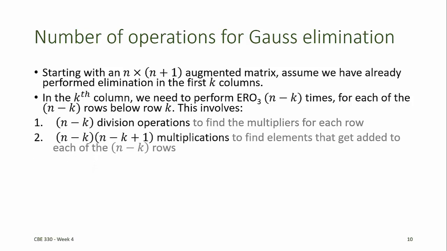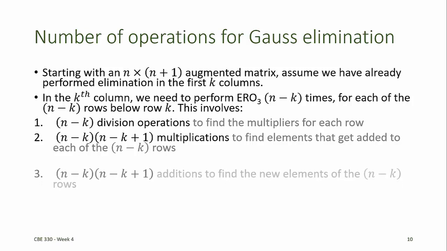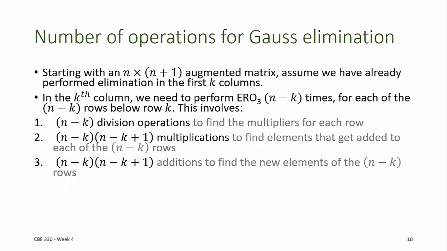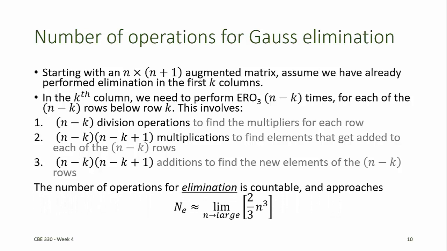And then there are a countable number of multiplications that are required to find the elements that get added to each of the n-k rows. Finally, we have to perform the additions to find the new elements of the n-k rows. The number of operations in the elimination steps, that is, the number of operations required to produce the upper triangular matrix for Gauss elimination, approaches 2/3 n^3 as n gets large.